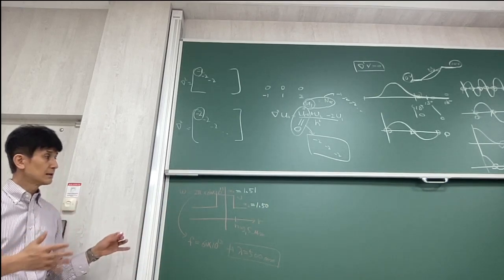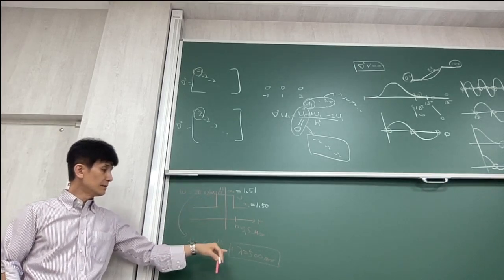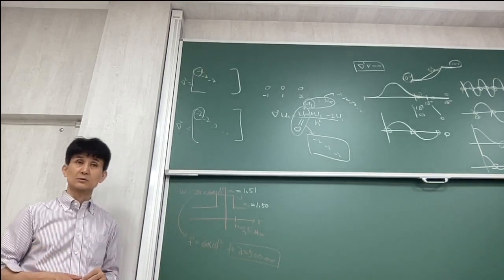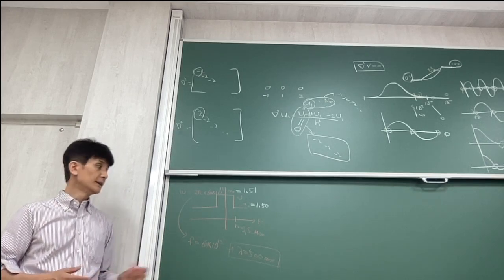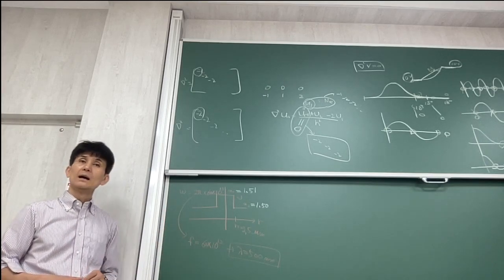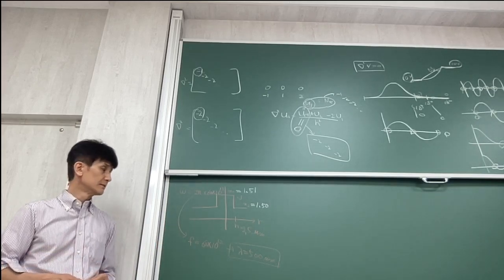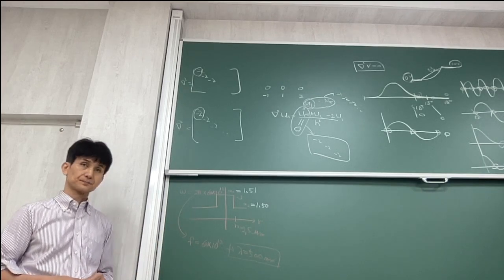So it's like the potential depth is given, and lambda is like the mass of the electron. Mass of the electron is given, then how many bounded states exist within this waveguide?